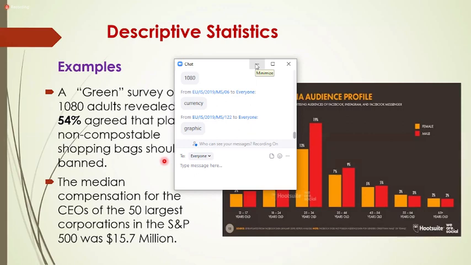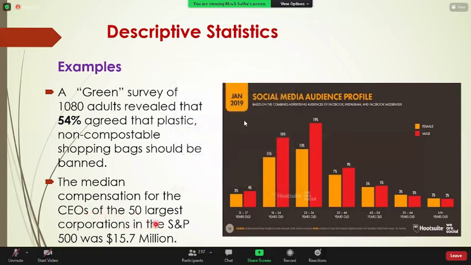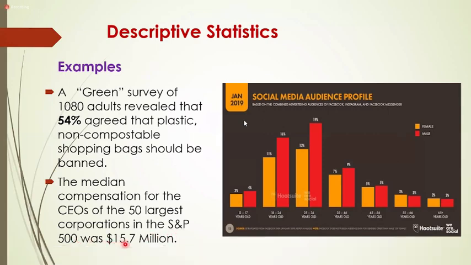The second example is the second bullet. Yes, median. We use median. The median compensation for the CEOs, Chief Executive Officers of the 50 largest corporations in the S&P 500 was 15.7 million.